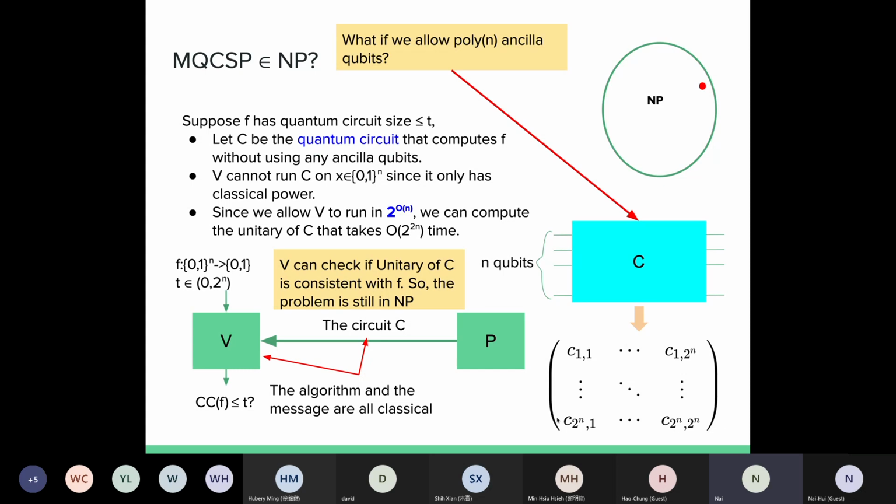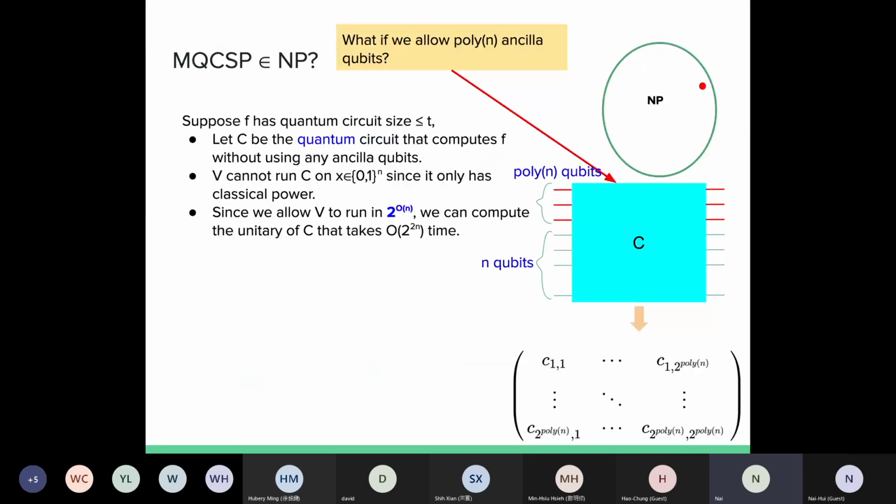So the size of this matrix is 2 to the 2n, and 2 to the 2n is still 2 to the big O of n. Note that for the verifier, you're only allowed to use 2 to the big O of n time, and 2 to the 2n is fine because it is still 2 to the big O of n.